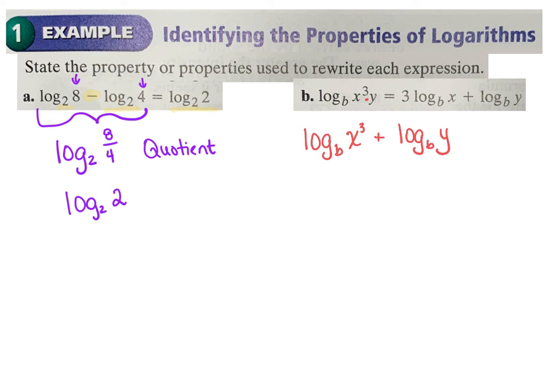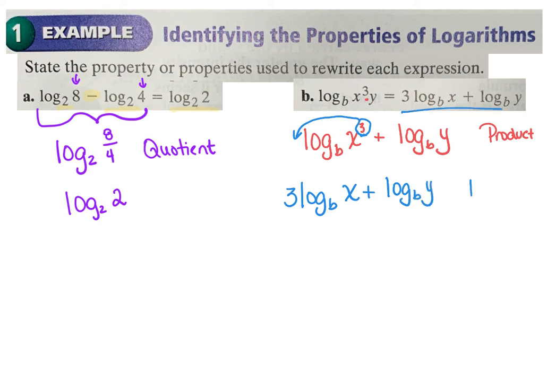I have one more property that I can use. So this one is the product. They use product first. I also have an exponent, power property. My power property tells me I can take this exponent and put it in front. So I'm going to rewrite that one as 3 log b of x plus log b of y. And that's how they got their answer.